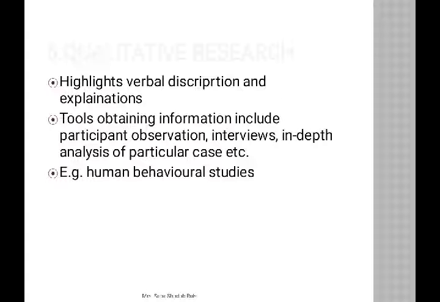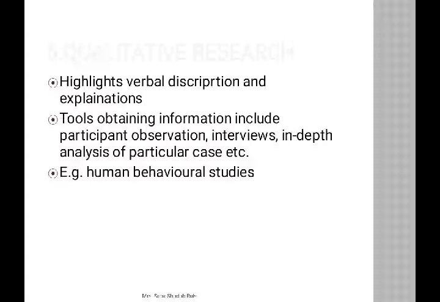So qualitative, the name itself is suggesting that research done for quality enhancement would be included. This type of research highlights the verbal description, meaning the observation of behavior, the observation of quality improvement.